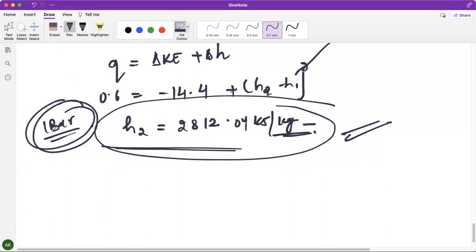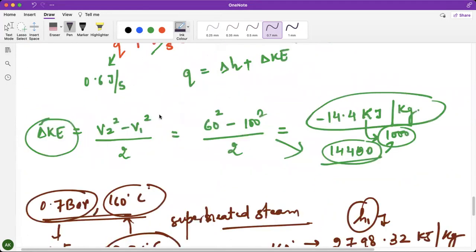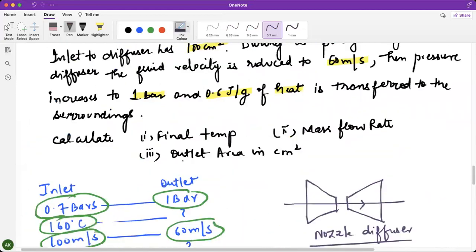So here we get that this value of enthalpy is at a temperature of 167.987 degrees Celsius. So this is the final temperature which we had to find out.